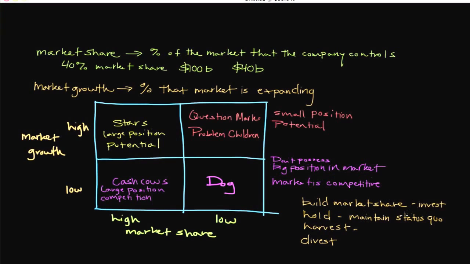And so with build market share, we're investing, and with harvest, we're reducing investments. Maybe not eliminating them altogether, but we're going to reduce the amount that we put into the product for advertising, promotion, those different sorts of things. And then lastly, divest, we eliminate these.